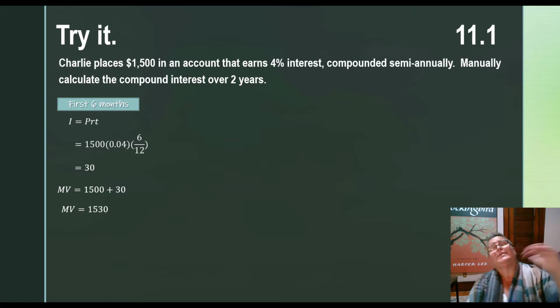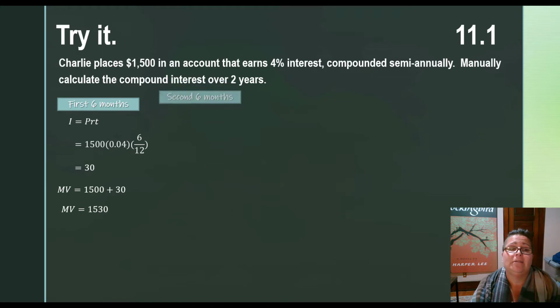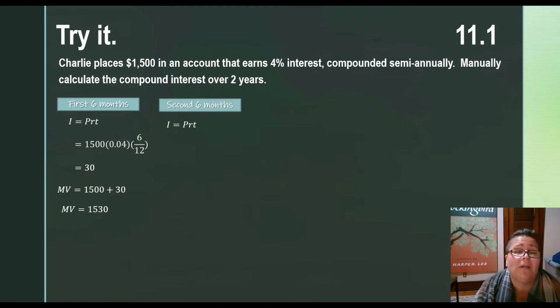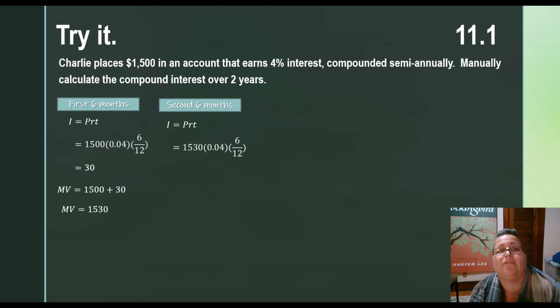Now, that means when the second 6 months starts, we're going to be calculating interest on the new principal of $1,530. That's 4% for the next 6 months. That gives us interest of $30.60. Notice the interest increased just ever so slightly, right?